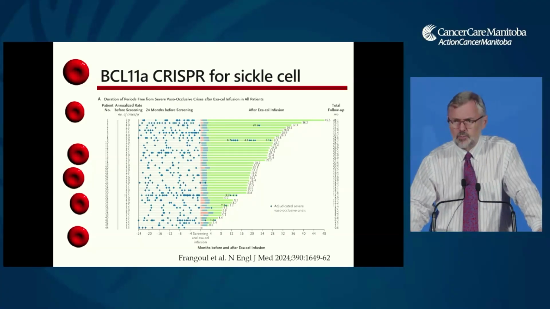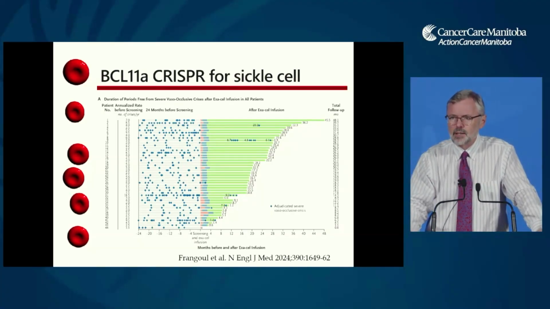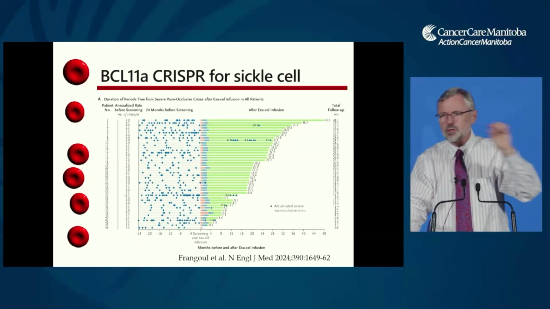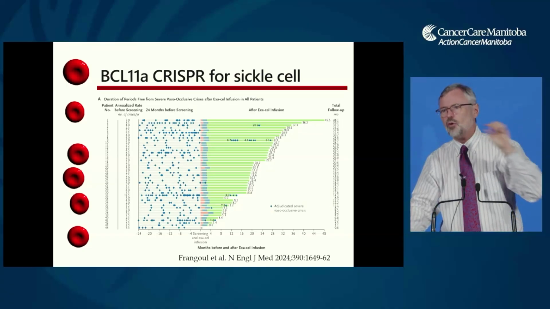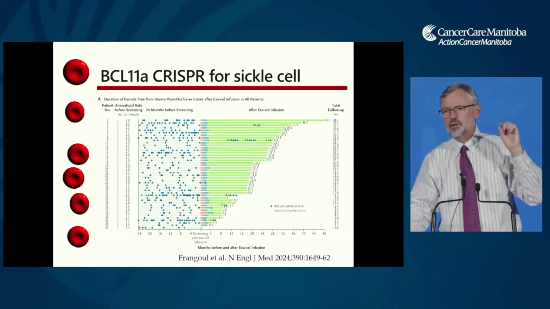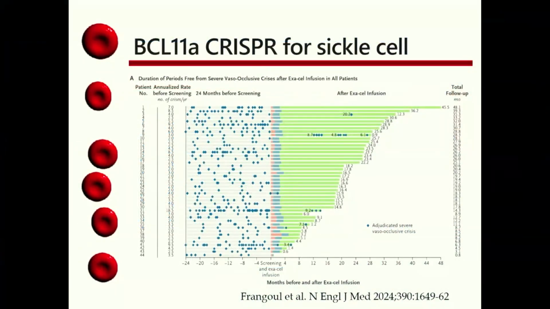This is what's called a swim lane plot. So each of those horizontal bands represents the course of a single patient. The blue triangles represent when they had a pain crisis, and that pink line in the middle is when they had their transplant. So to the left of that pink line is the 2 years leading up to their transplant, and you can see everybody had a lot of pain crises, right?